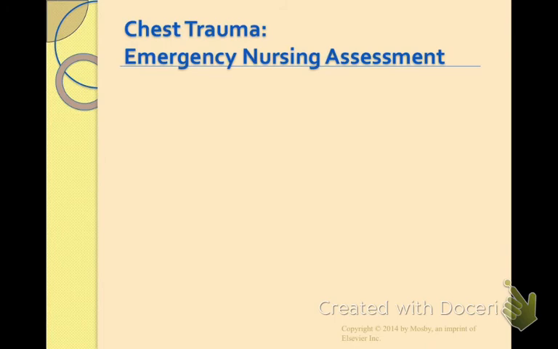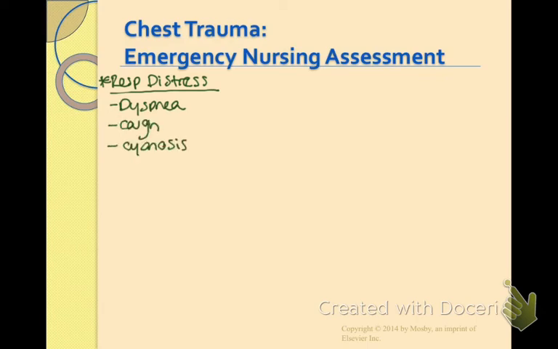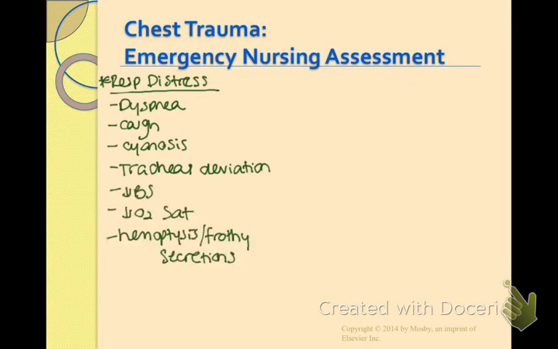So with chest trauma, what's our nursing assessment? Respiratory distress. Do they have any dyspnea? Do they have any cough? Cyanosis? Any tracheal deviation? Decreased breath sounds? Decreased O2? Frothy or bloody secretions?